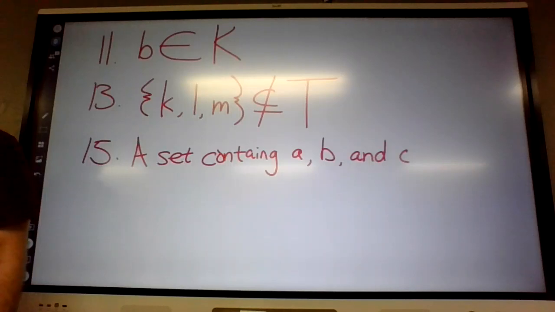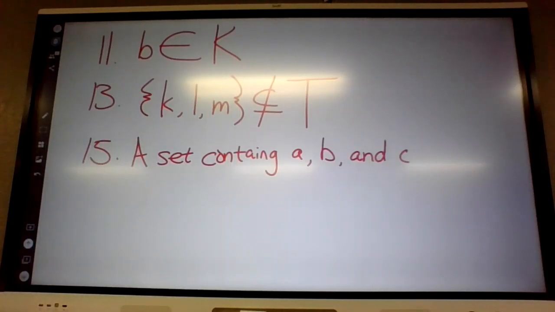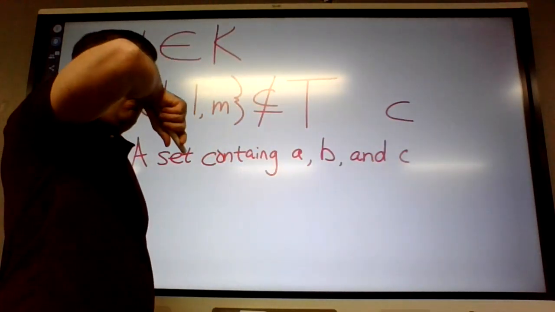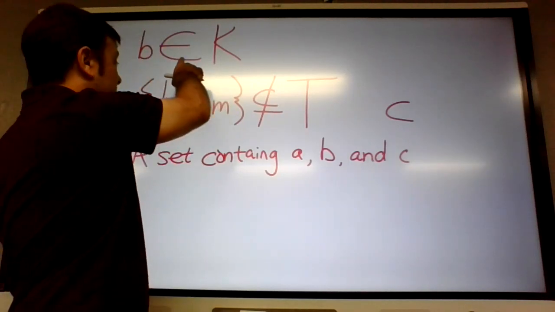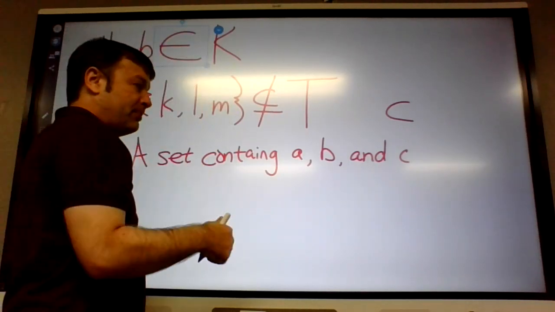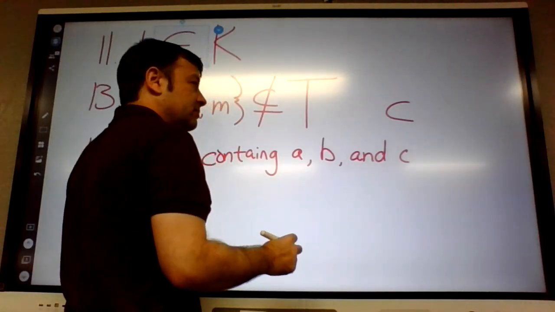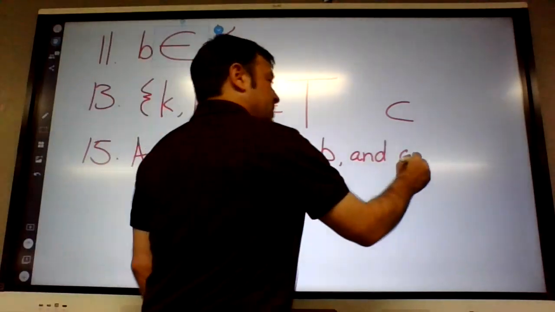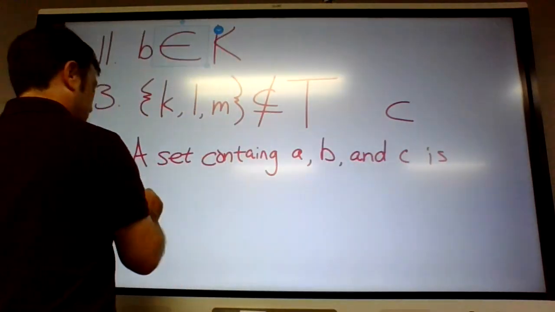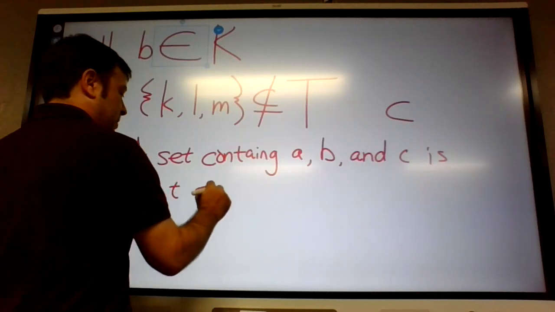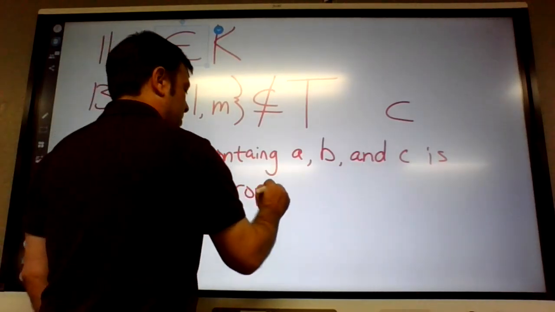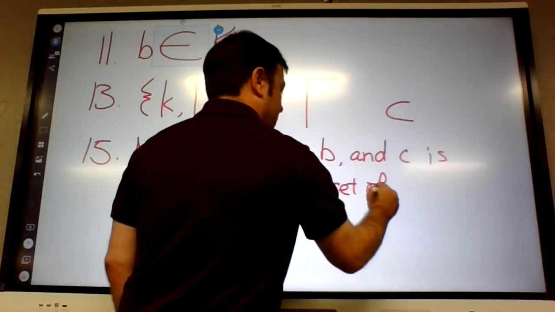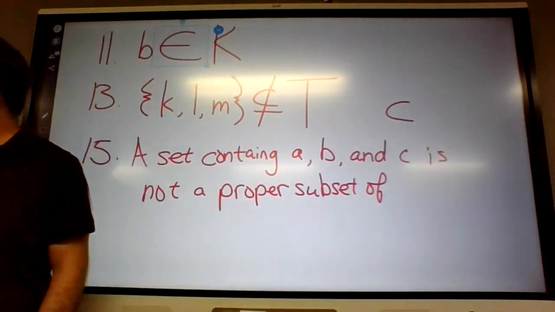Okay, what was that little movie thing? Element. No, that was the E one, that's an element. Proper subset. Did they cross it out? I forgot. Yeah. Okay, so is not a proper subset of what?